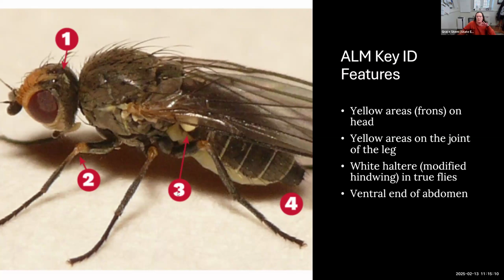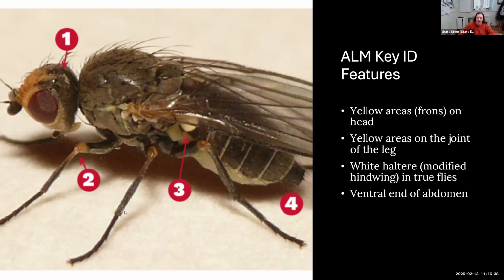And that's one feature to identify between flies and other flying insects, is that they have 2 wings and they have this white haltere here, or smaller modified wing there. There are yellow areas on the top of the head and on the knees. The yellow-orange knees are pretty characteristic.